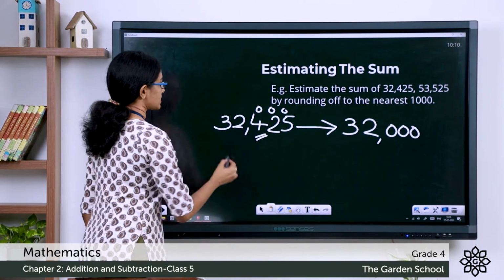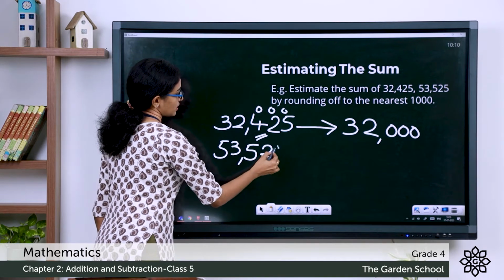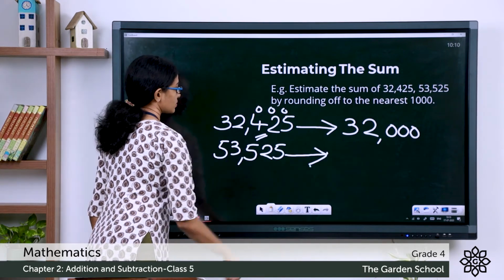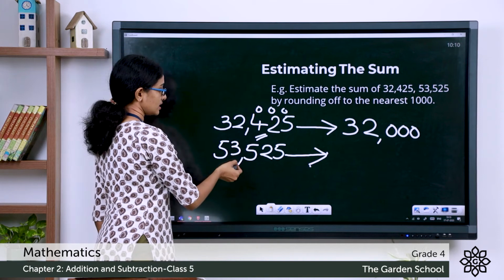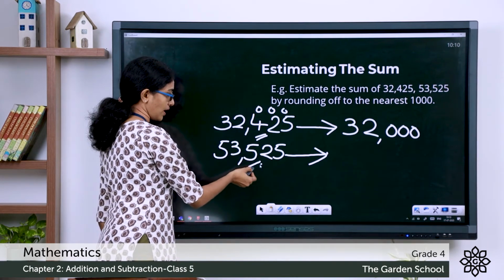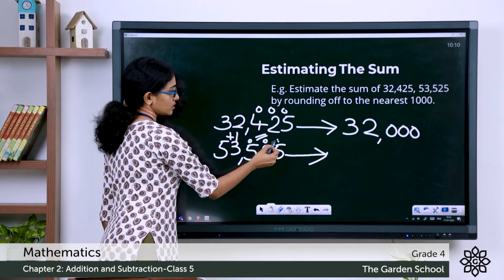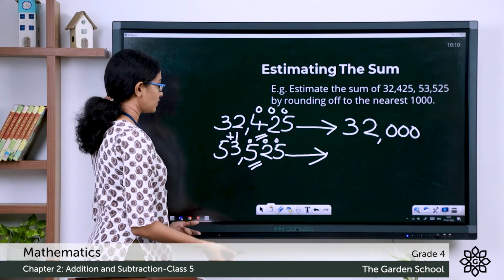Now the next addend, 53,525. Let's round this one. Here the rounding digit is 3 and the digit to the right of it is 5. So let's add 1 to the rounding digit and change all the other digits to the right of it to zeros.